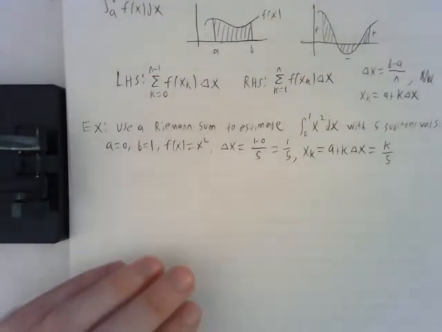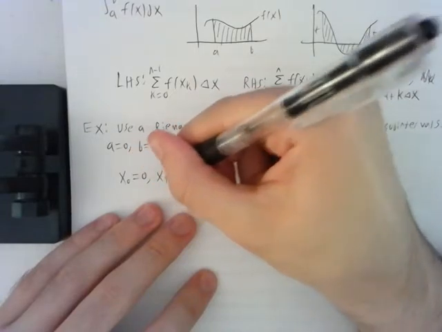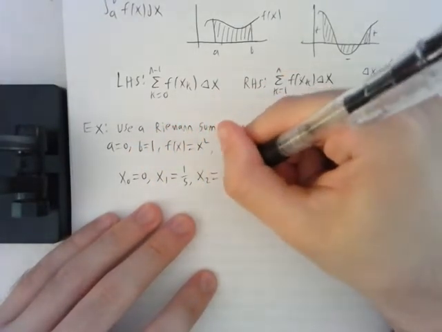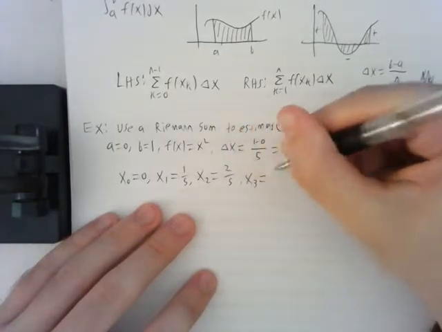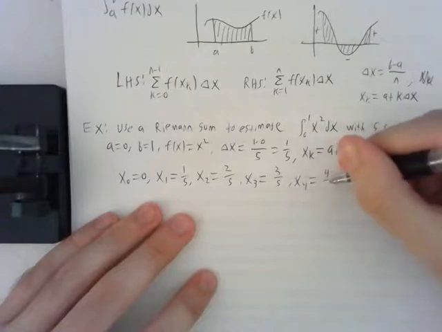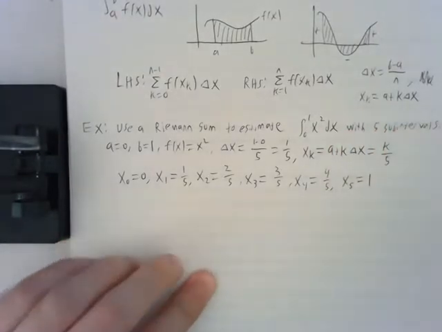So we can write down what these points are. x0 is equal to 0, x1 is equal to 1/5, x2 is equal to 2/5, x3 is equal to 3/5, x4 is equal to 4/5, x5 is equal to 5/5 or 1.